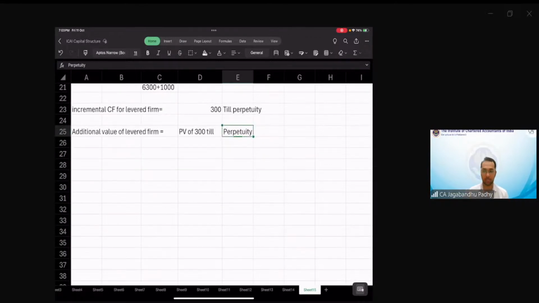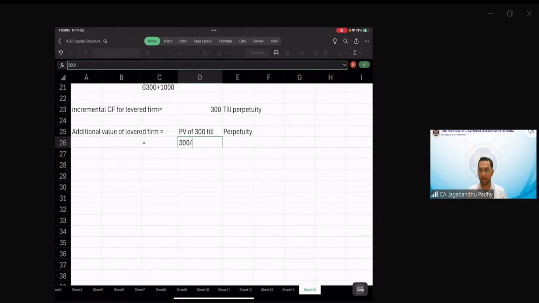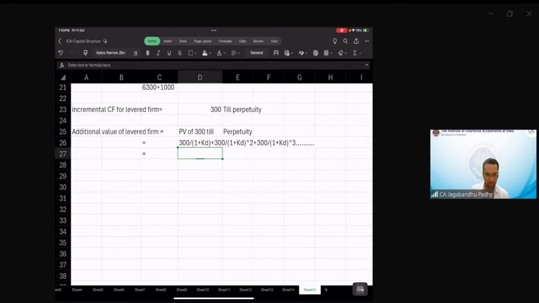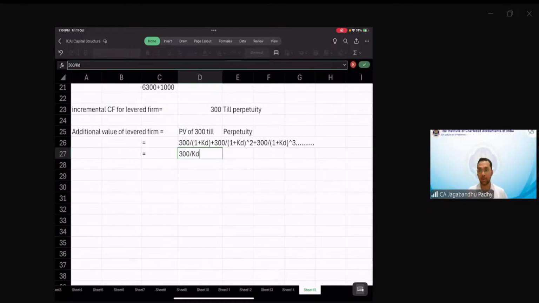This will be simply 300 divided by 1 plus cost of debt, plus the second year 300 divided by 1 plus cost of debt square, plus 300 divided by 1 plus cost of debt cube, and this just goes on till perpetuity. And we know the present value will be simply 300 divided by KD.